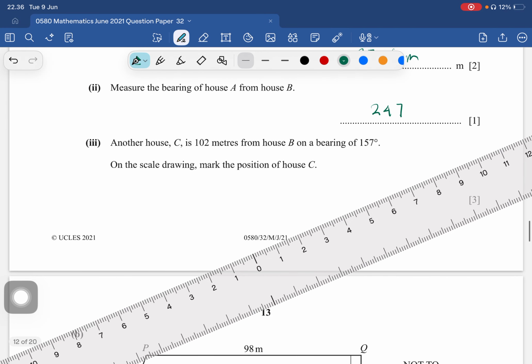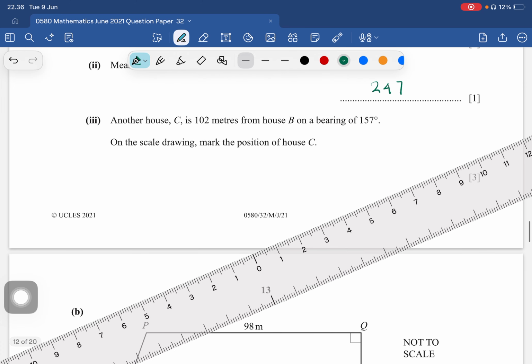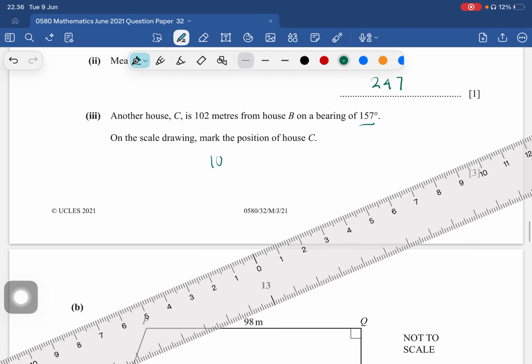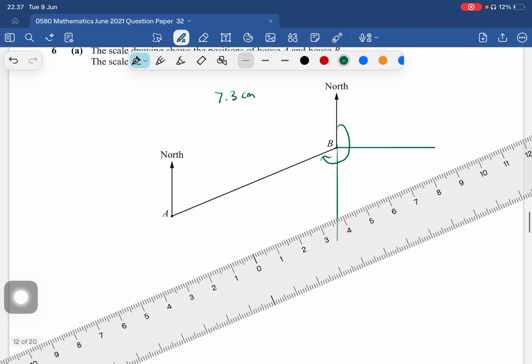Another house C is 102 meters from house B on a bearing of 153 from B. The scale is 1 centimeter equals 12 meters, so we need to change meters into centimeters. 102 divided by 12 gives 8.5 centimeters.